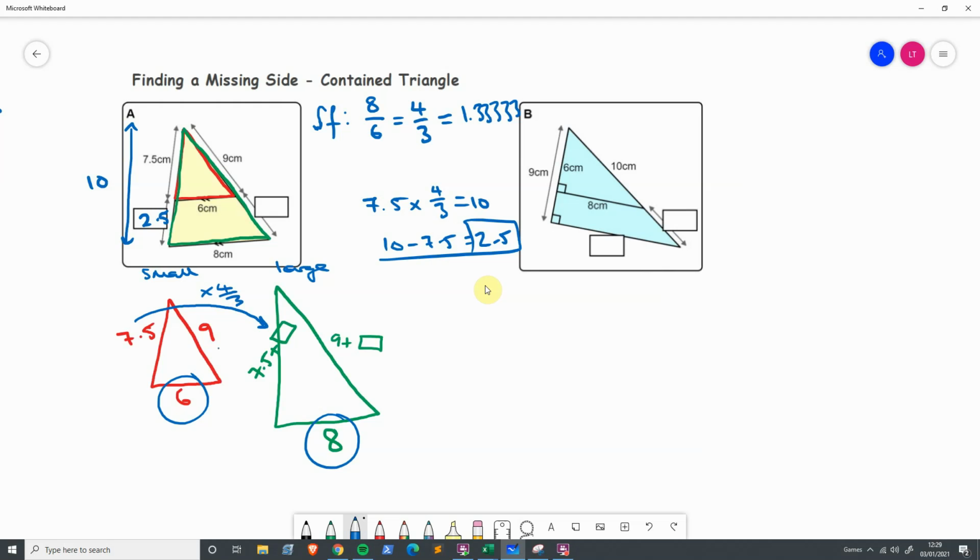And then to get from 9 to this missing length, we need to do 4/3 times by 9. And that's going to get me 12. So that full length is 12. So the box I'm after is 3, because 9 plus 3 gives me 12.